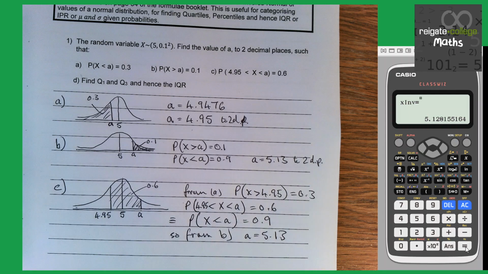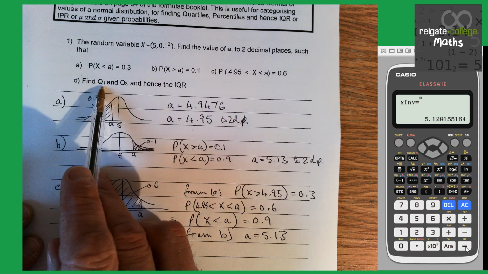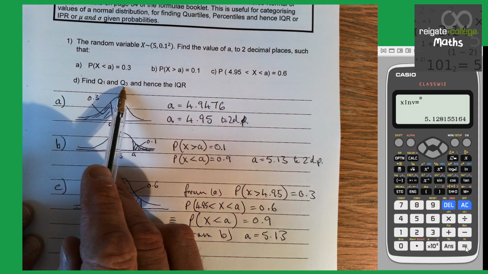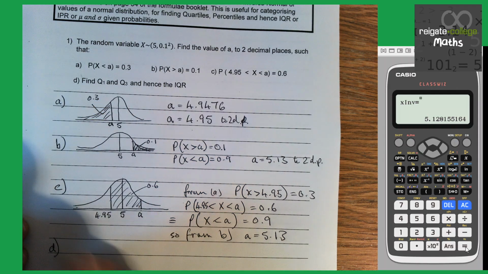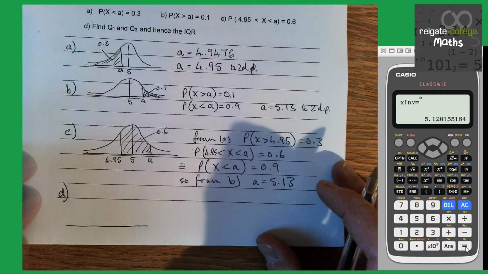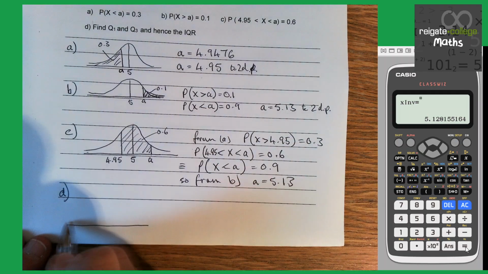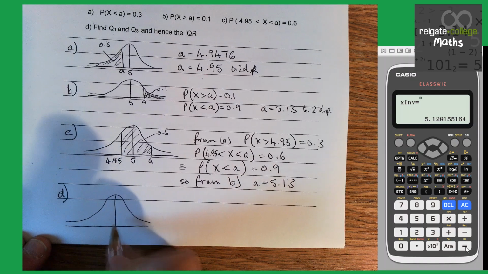For part d, it says find the lower quartile and the upper quartile and hence the IQR. So for d, the quartiles look like this. Let's sketch it again. Here's our 5.